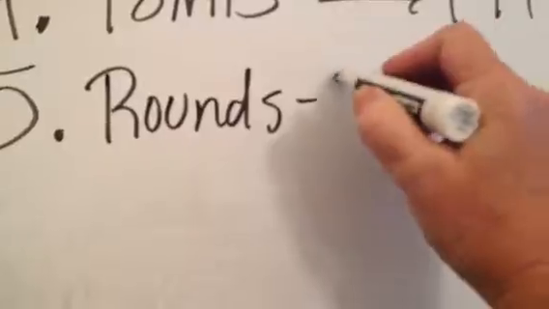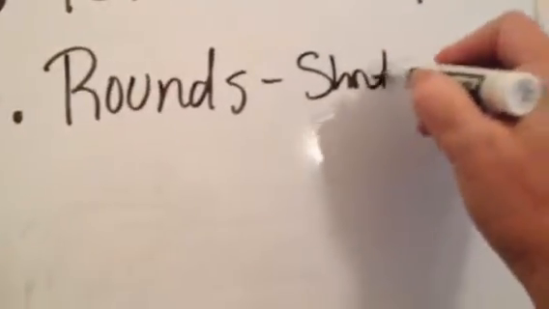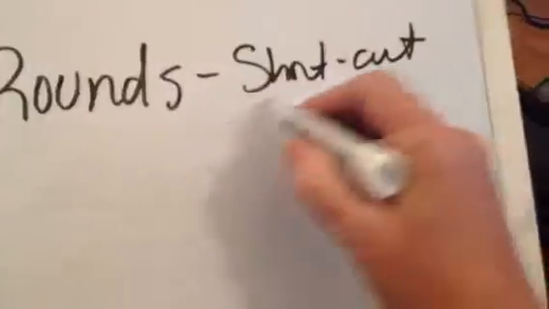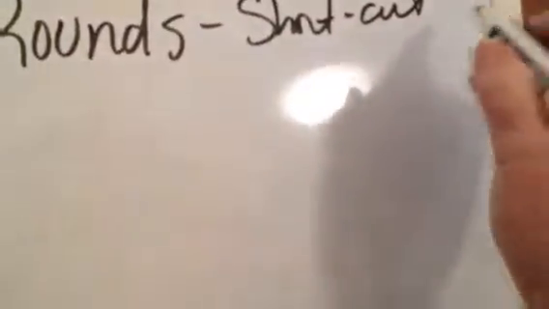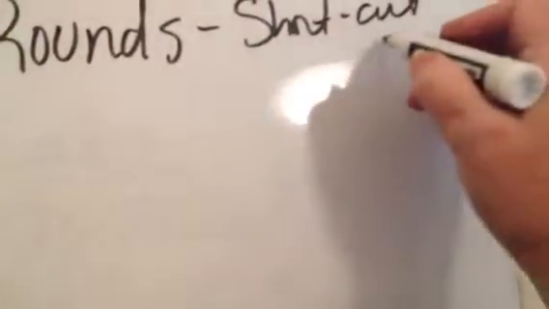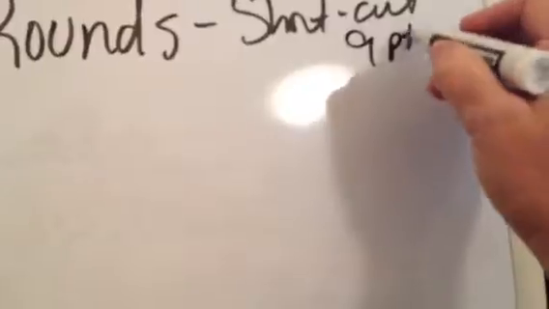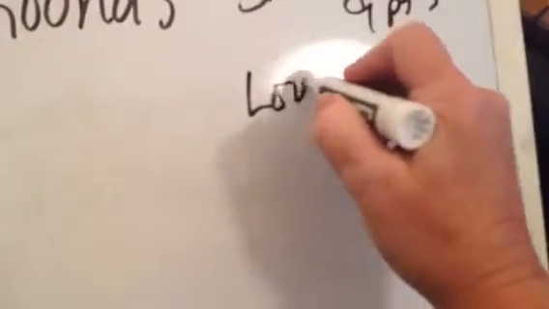We have the shortcut round, the easy one we're going to learn first. It's short and easy, and it involves 9 of the points. And then there's the long round. It involves all 14 of the acupuncture points that we're going to learn in number 4.